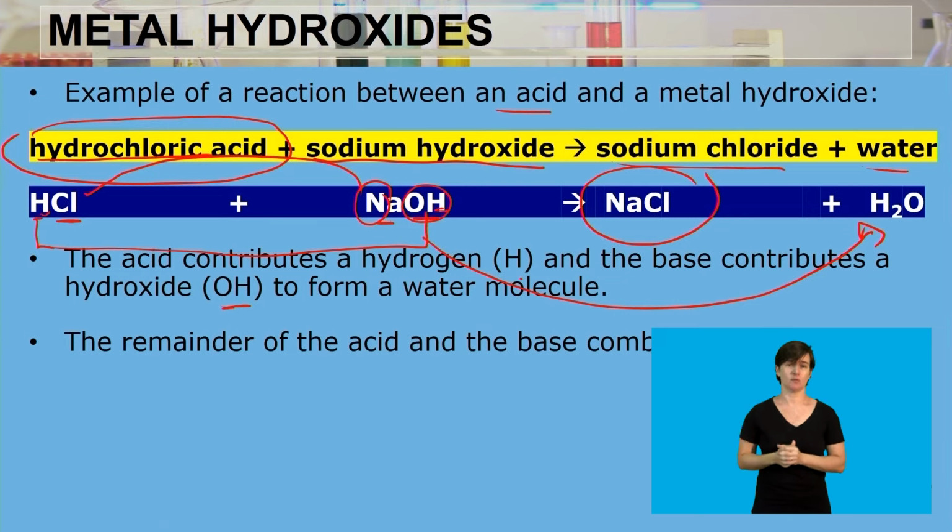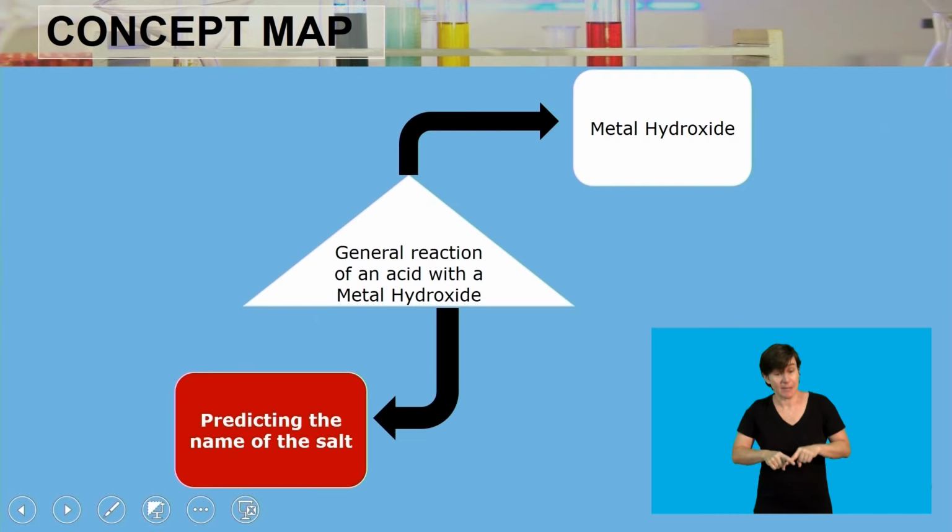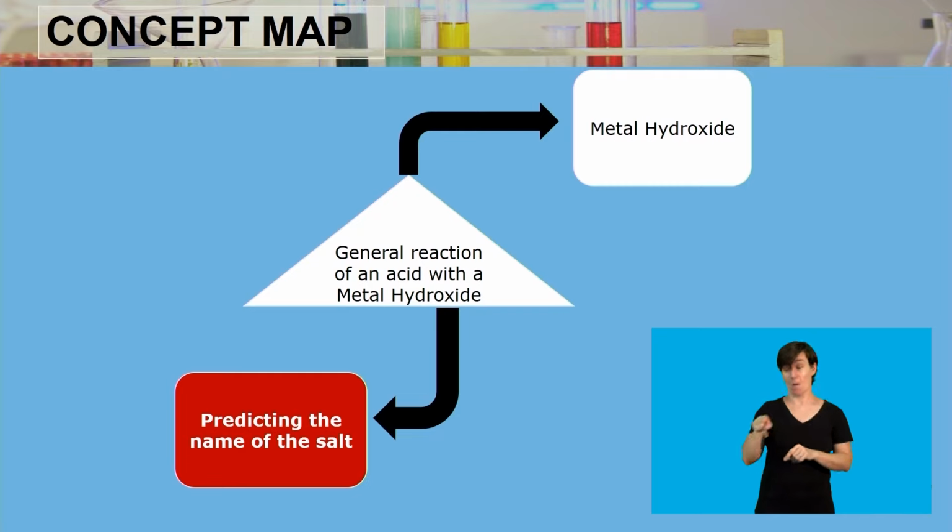So as we have said, the acid is going to donate the hydrogen, and the base is going to donate the hydroxide, and the remainder after the donation is going to be forming the salt. Now the strength or the pH of this salt will depend on the acidity or the basicity of the substances which we are reacting initially at the beginning of the reaction.